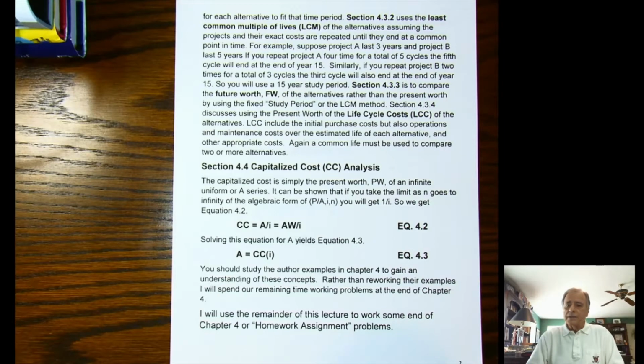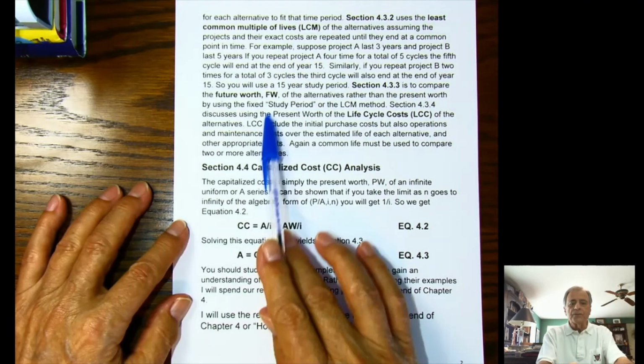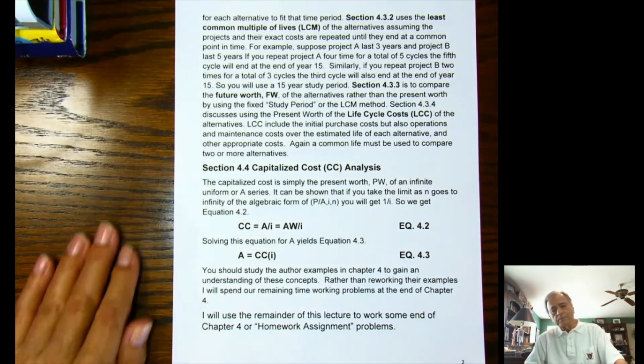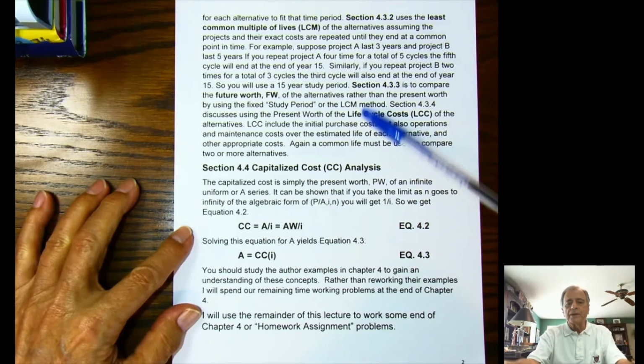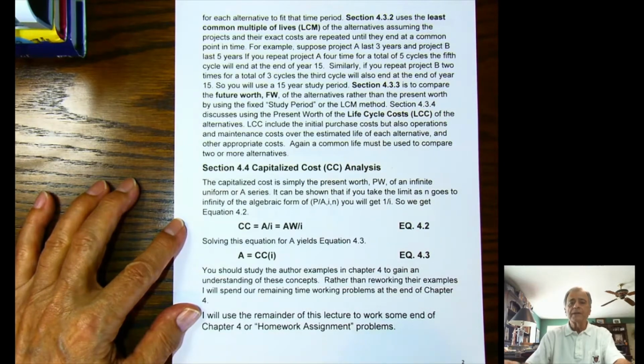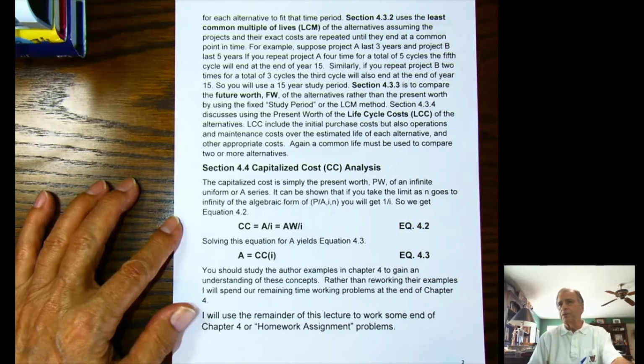Another totally different concept, and I'm not sure why he deals with this, is called a future worth. Certainly we know how to calculate the future value or future worth of a cash flow by now in the course, but he does this and basically uses either of the 2 periods, the study period method or the least common multiple of lives method.